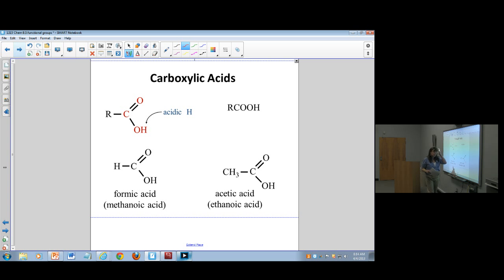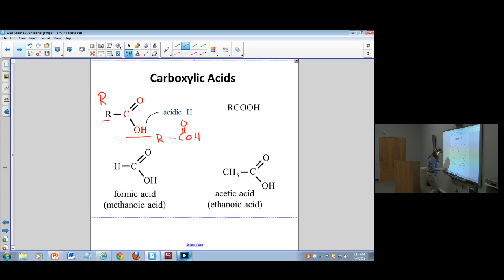Now, another carbonyl group that I know you've heard of are carboxylic acids. And carboxylic acids are at the end of a chain. So here's some chain here, and at the end of the chain, you get a molecule that looks like this. In this case, we have the carbonyl C double bonded O and then an OH, not an alcohol, but an OH.